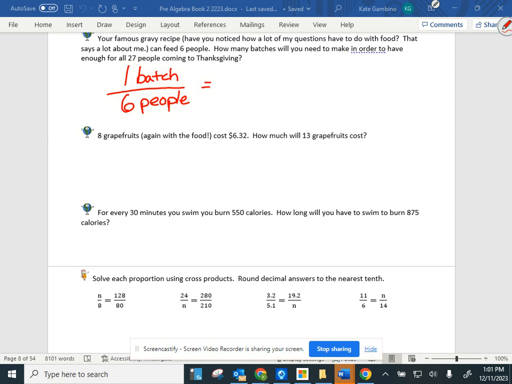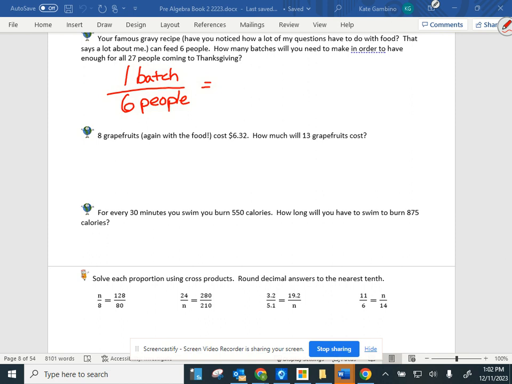Let's make it our proportion. What does that equal to? What should I write, Emerson? 1/6. It is 1/6, but think about the proportion. Think about what we were doing up on top. We want to know how many batches we have to make for 27 people. So we want to know how much we need to multiply all of our ingredients by. Blakely: 27. So think about what our measurements are.